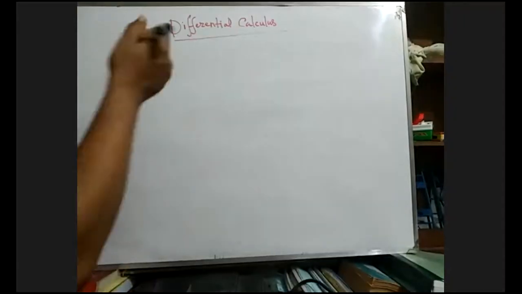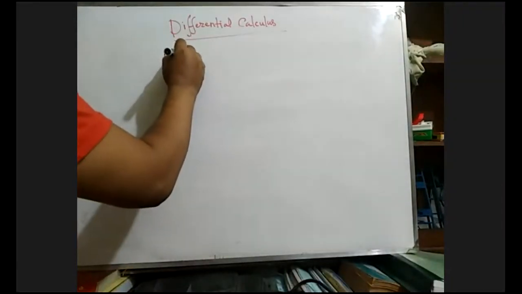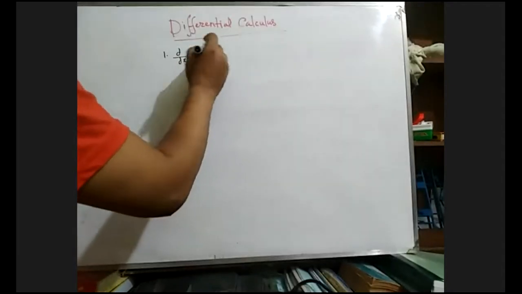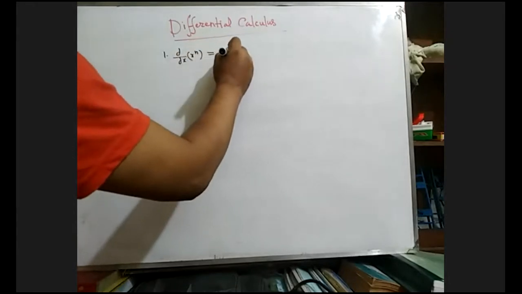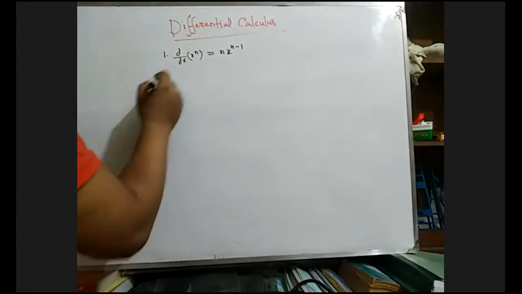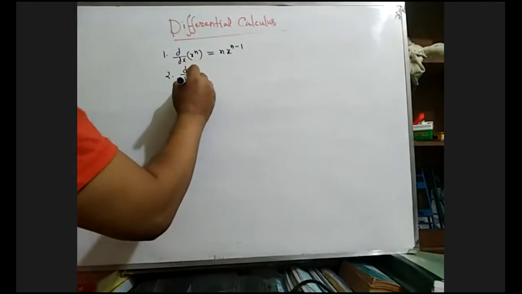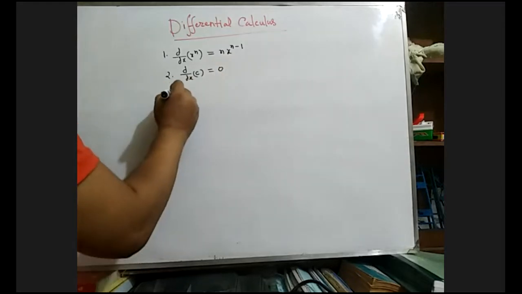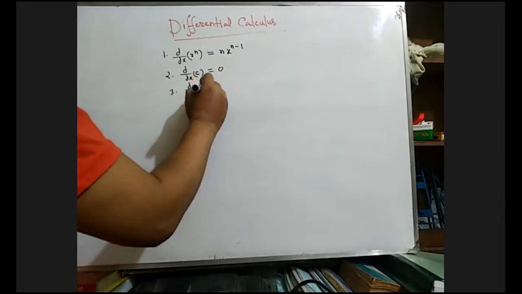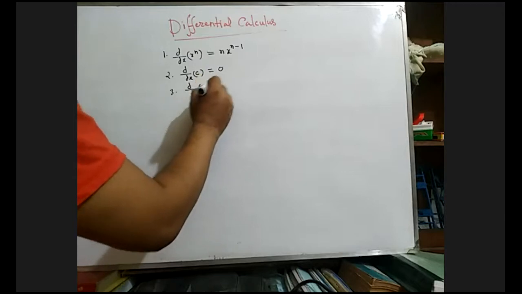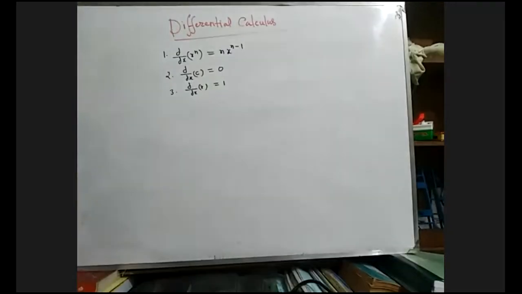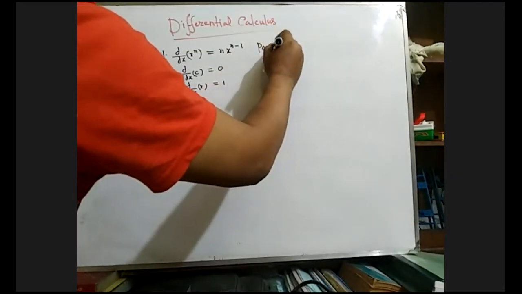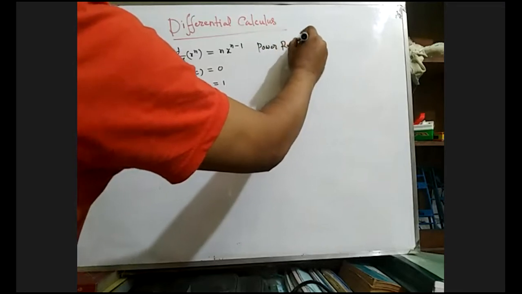First was what? d/dx of x to the power n will be n into x to the power n minus 1. Number 2, differentiation of any constant will be 0. And number 3, differentiation of x with respect to x will be 1. So this is actually the power rule. Remember it.